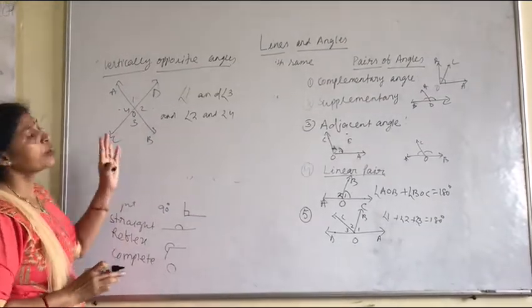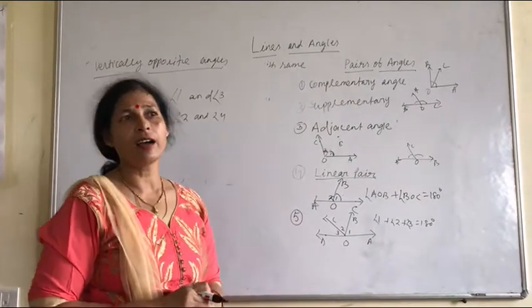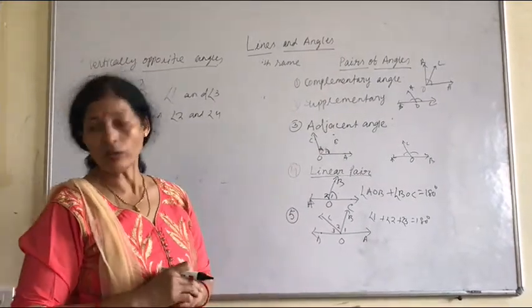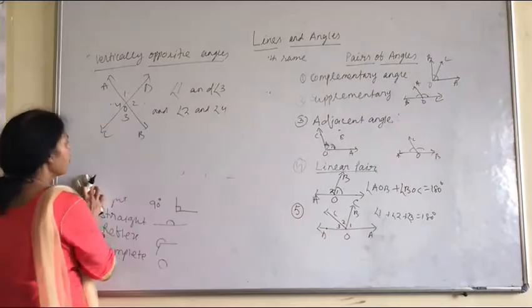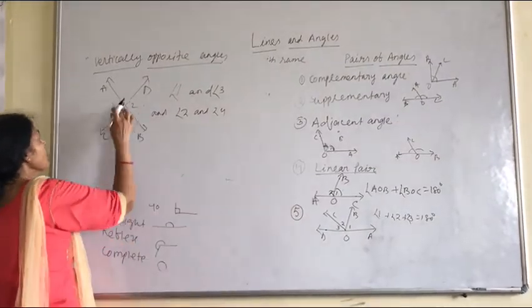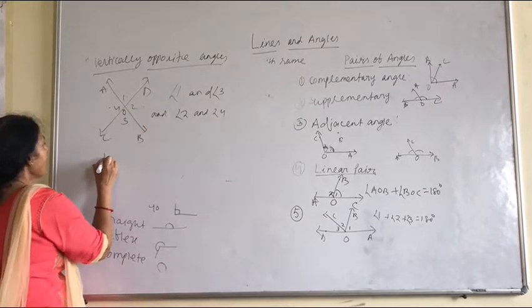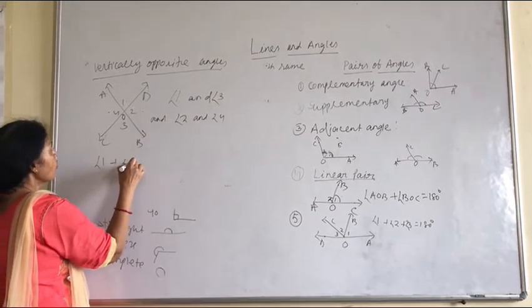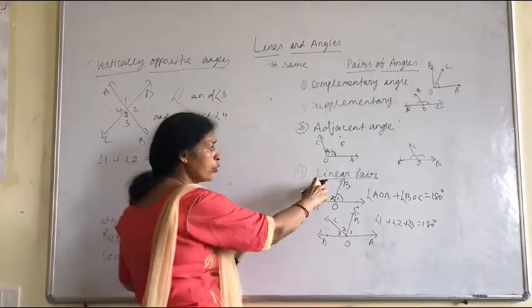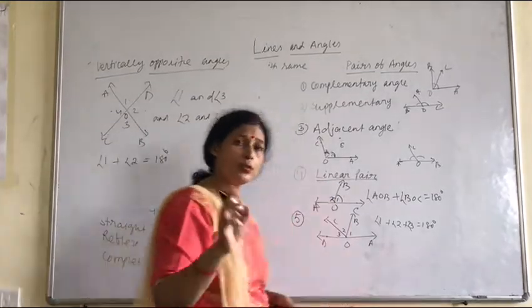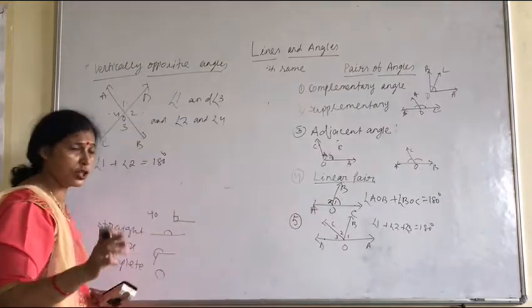Now we know that vertically opposite angles are equal. How can you prove it? Suppose angles 1 and 2. Angle 1 plus angle 2 is 180 degrees by linear pair. You know adjacent angles whose sum is 180 form a linear pair.